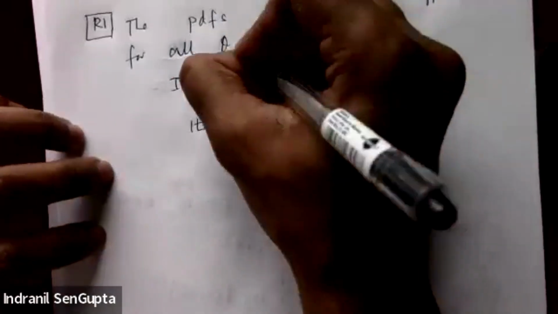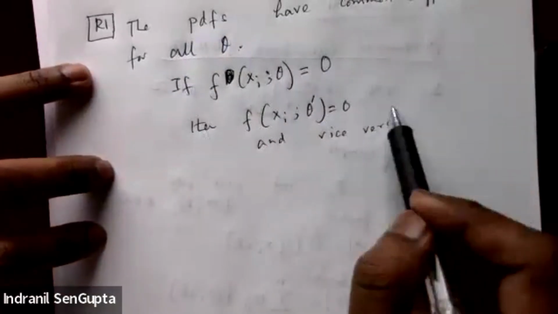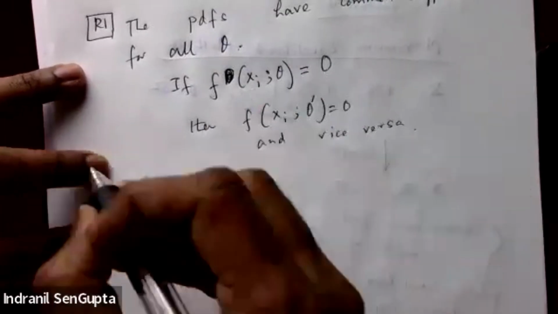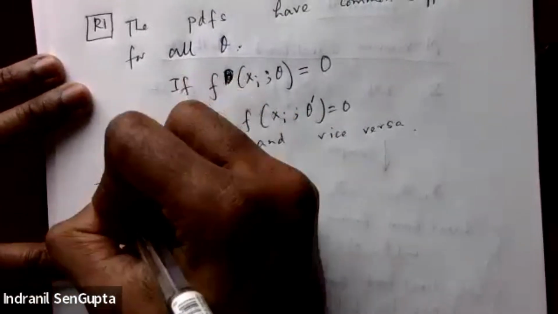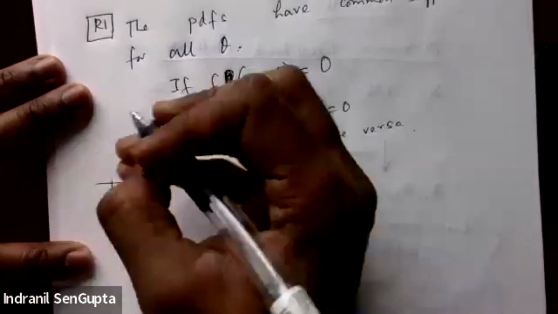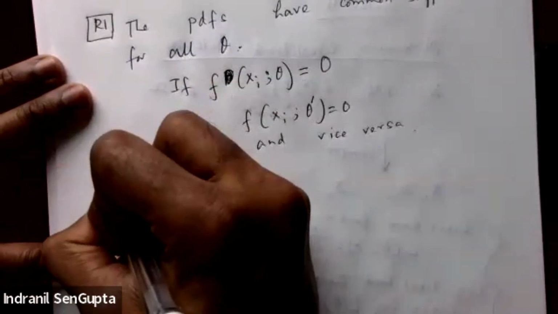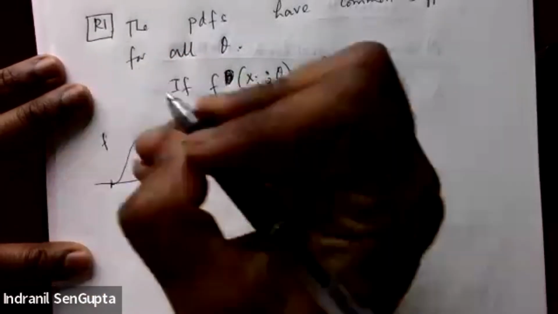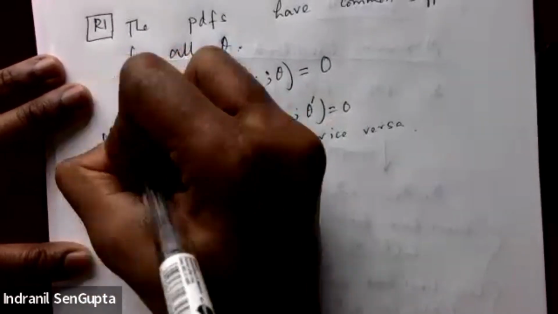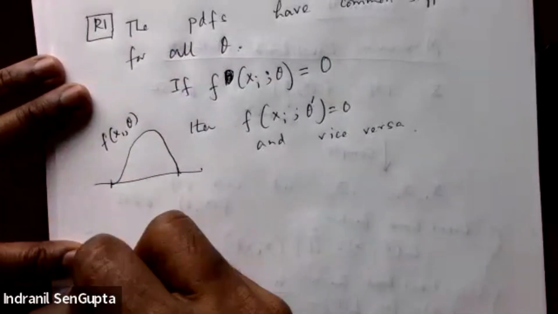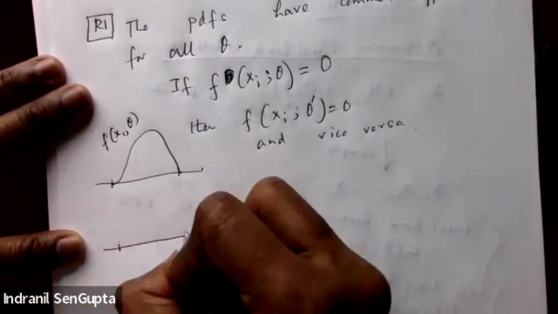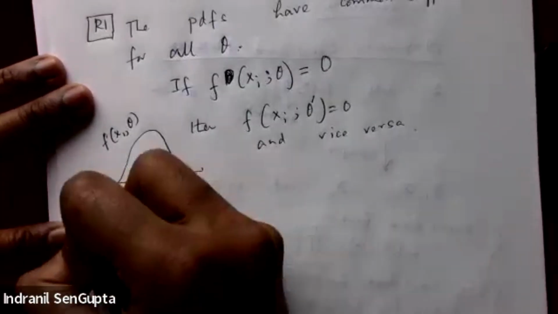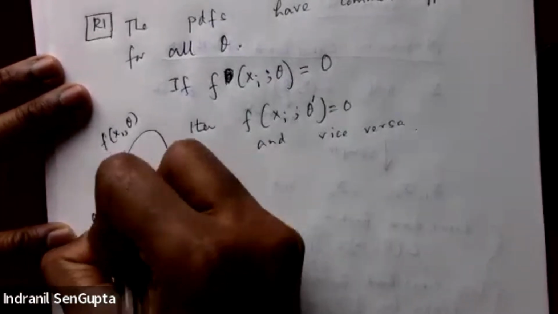If at some point it's 0, then the other one is also 0. Suppose you have something like this for f of x1 theta, and something like this for f of x1 theta prime.